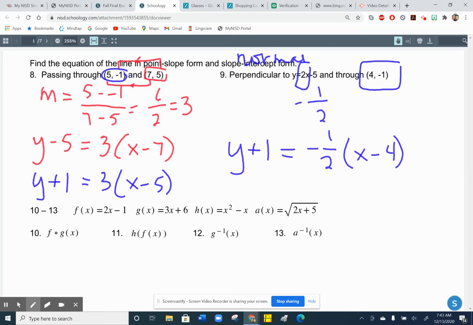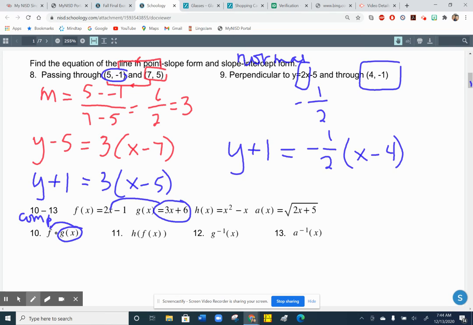Okay, and now we have this other stuff down here. We have 4 functions. Okay, this is a composition. Remember, this one is a composition. So we're going to take the g equation and plug it into the f. So we're going to take 3x plus 6 and plug that into the x value in your f equation. So 2 times this minus 1.